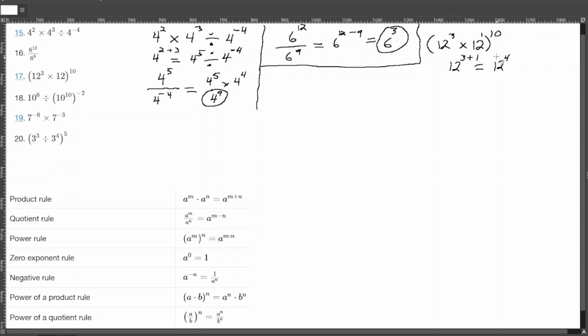So now we have 12 to the fourth, everything raised to the power of 10. I believe it's the power rule, sorry. The power of a power rule is what I've also heard it called. So take the inside power and multiply the outside power. So that's 12 to the 40th power. And that's number 17 here.